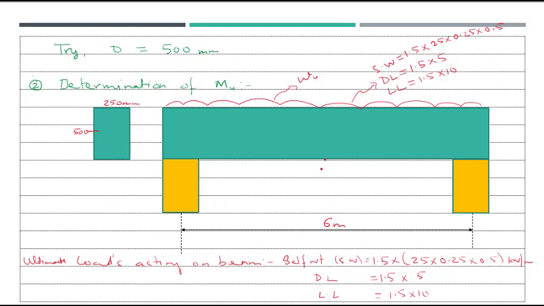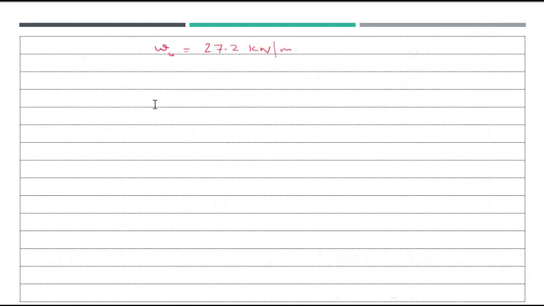Now, you would like to proportion your tension reinforcement such that it provides the capacity of your rectangular section equal to that of the maximum moment. So let us compute the maximum moment, that is the ultimate moment which is going to act on the beam.